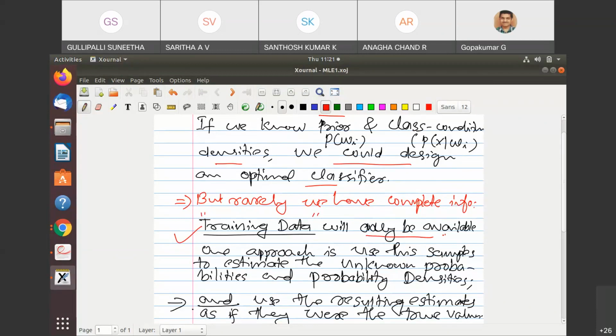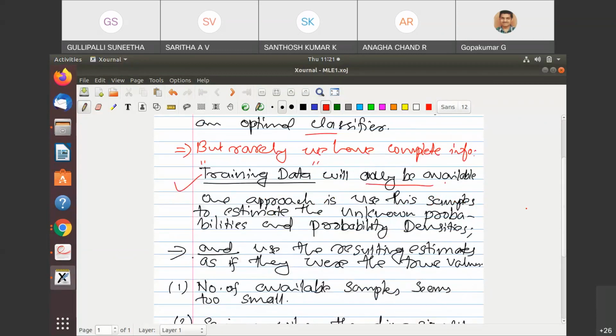So one approach is to use the samples in the training data to estimate the unknown probabilities and probability densities.